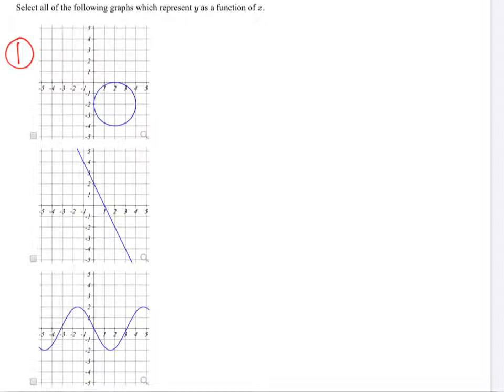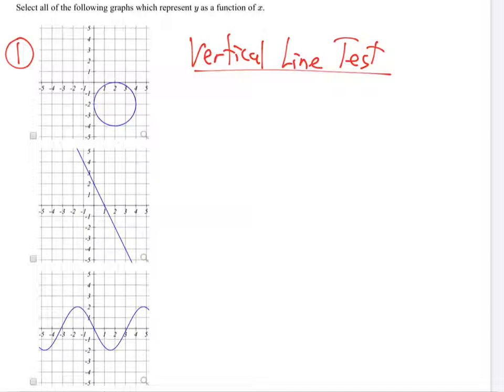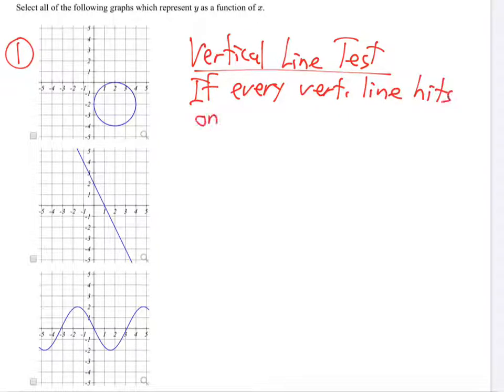I know the one that's a wave, that's a frequency. Have you heard of the vertical line test? You heard of that in some of your previous classes? No. If every vertical line hits only one point, then it is a function.